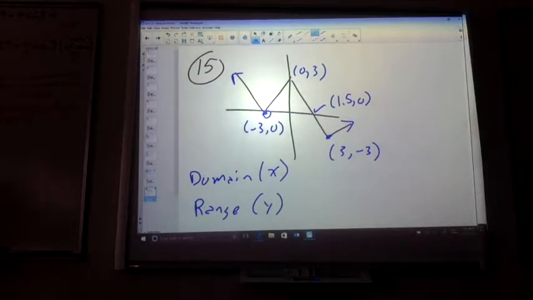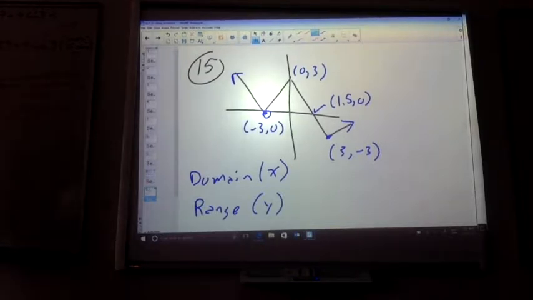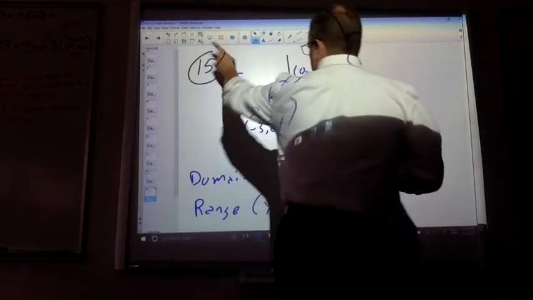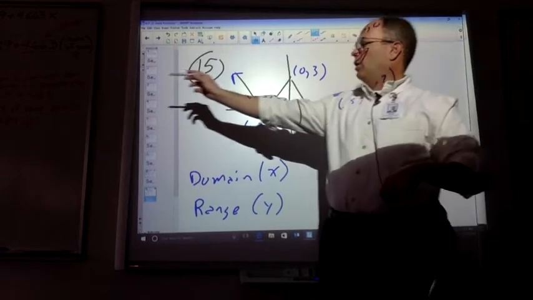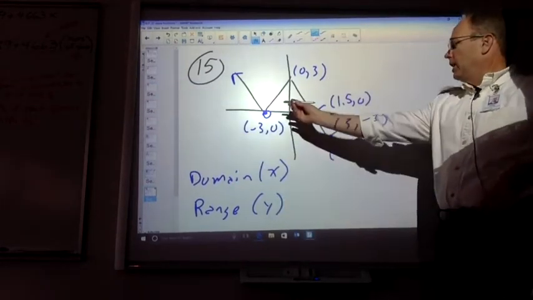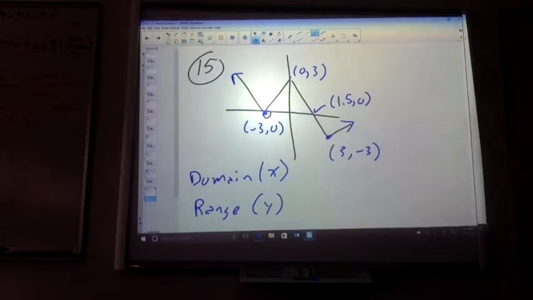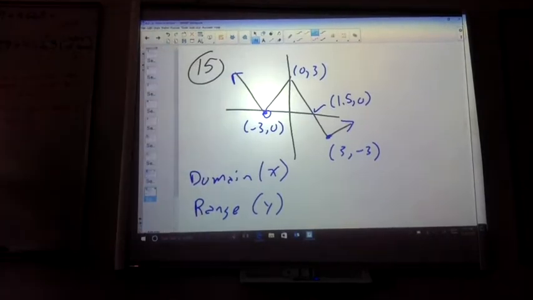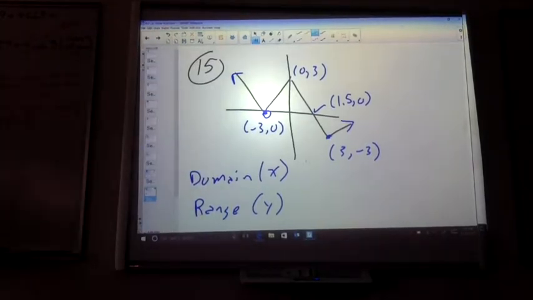Is that all right? So what is the domain of this graph? So if this is continuing to go this way, how far is it going to go that way, would you think? Infinity in the negative direction. And then how far do you think it's going to go this way in the x direction? Infinity. So our domain on this, it appears, would go from negative infinity to positive infinity.